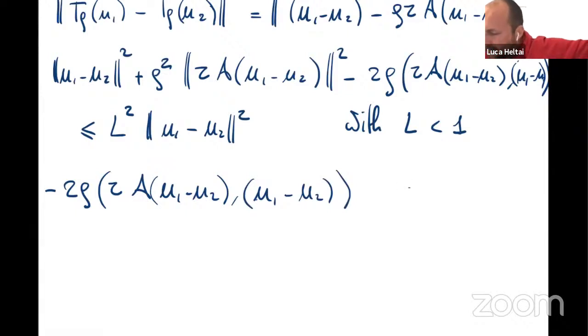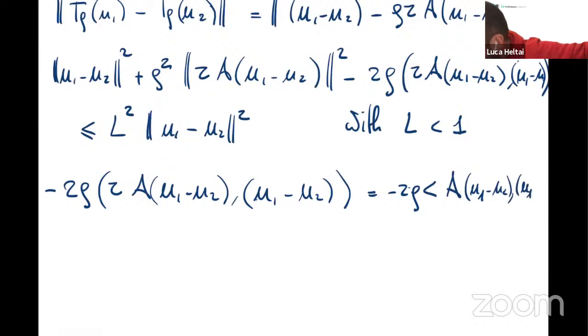This term over here is exactly identical, by the Riesz representation theorem, to minus 2 rho. And now here we have the duality. And since tau is there, this becomes A applied to U1 minus U2 measured on U1 minus U2.